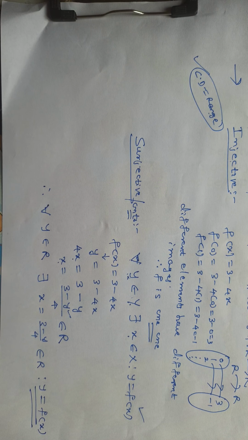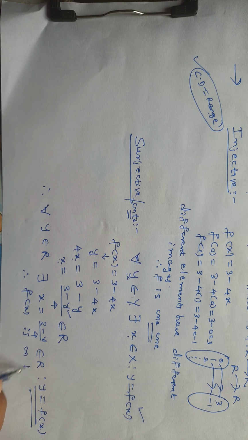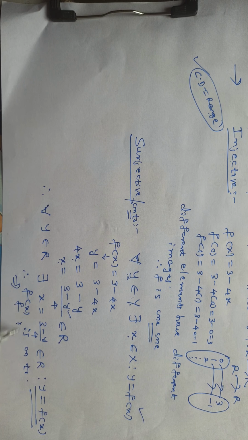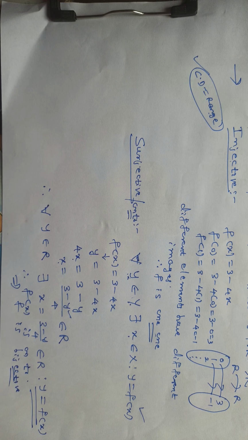This follows the definition. Therefore, we can write that this function is onto. The given function is onto. So it is one-to-one and onto. Therefore, it is bijective. I hope this is clear.